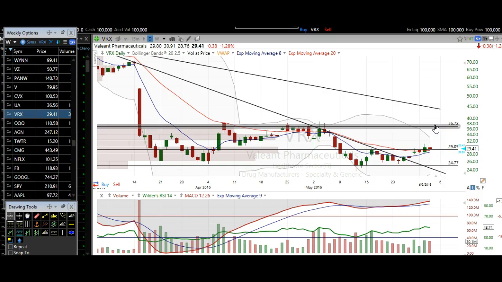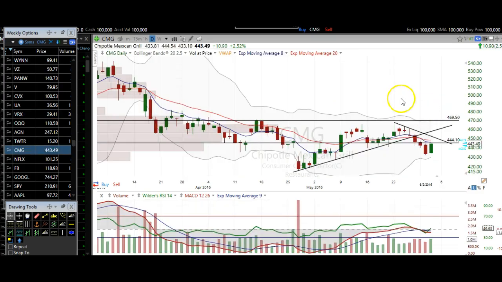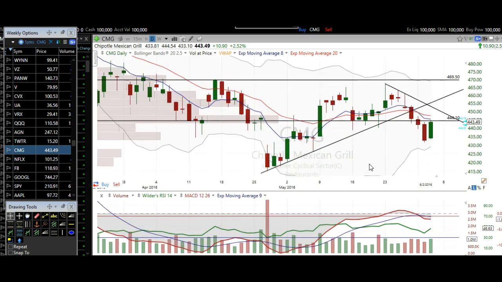Next, I want to be covering Chipotle, CMG. Chipotle, we have right here, which could be two patterns that I'm seeing, a double top or a head and shoulders pattern.